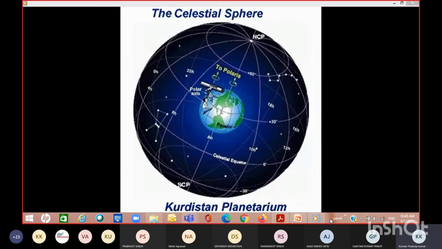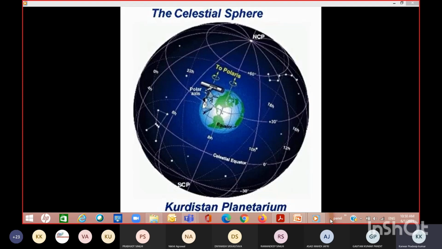Right above the North Pole of the Earth, there is the celestial North Pole. And below the South Pole of the Earth, there is the celestial South Pole. In line with the equator is the celestial equator or the equinoctial. And the northern celestial sphere matches with the northern hemisphere of the Earth.